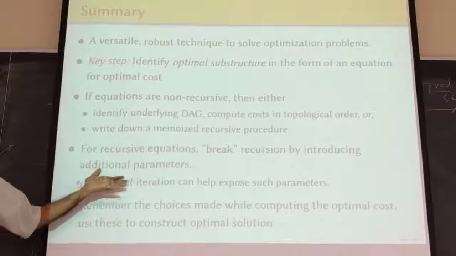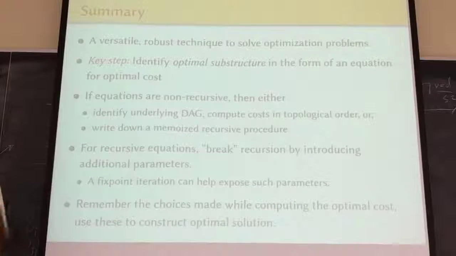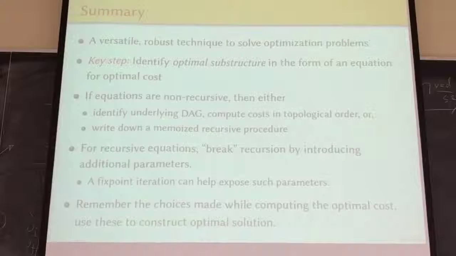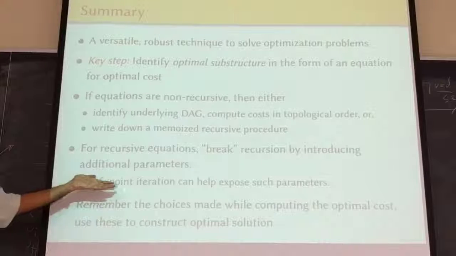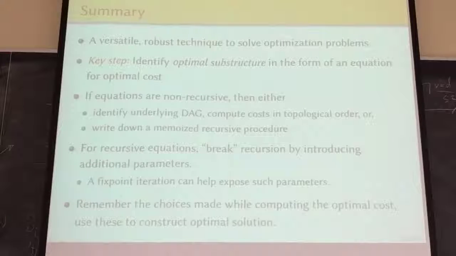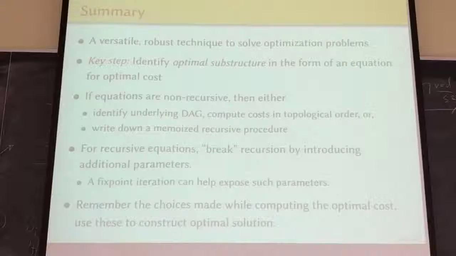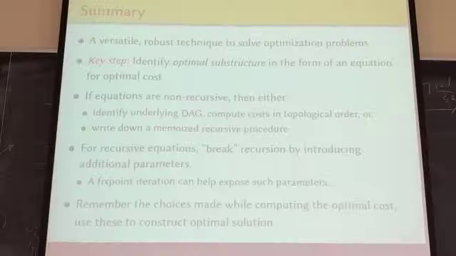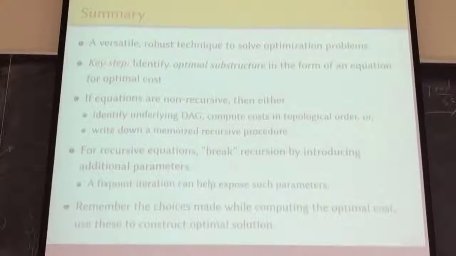The fixed point iteration technique that we applied on graphs essentially was breaking it using the number of edges. And then what we said in the very last slide was that there are other ways to break the recursion, and you can use any way to break the recursion and use that to solve this original equation.